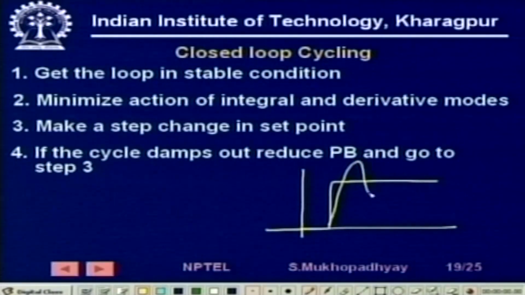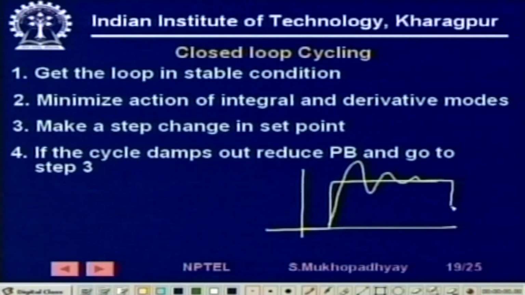So the process rises and it dies down. If the cycle damps out, then you reduce PB. Reduce PB means increase the gain. If you increase the gain, your gain margin will reduce, which means the process will be closer to an oscillation. So next time you go to step 3 and make another step change, maybe in the negative direction.